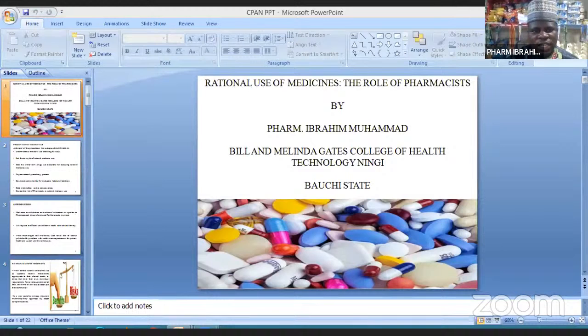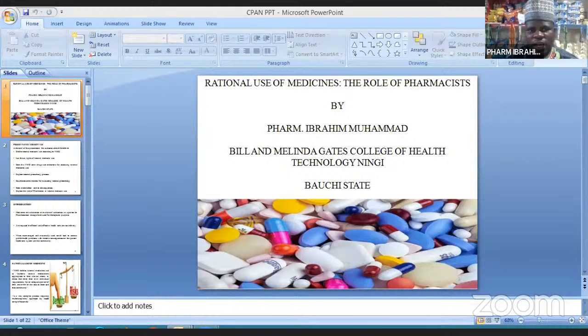Then you have to select the class of drugs capable of meeting the defined therapeutic goals. Then from the classes, we equally have drugs with superior properties in terms of efficacy, safety, and suitability, and cost effectiveness. So you need to select a drug with superior property that can address the defined therapeutic goals.